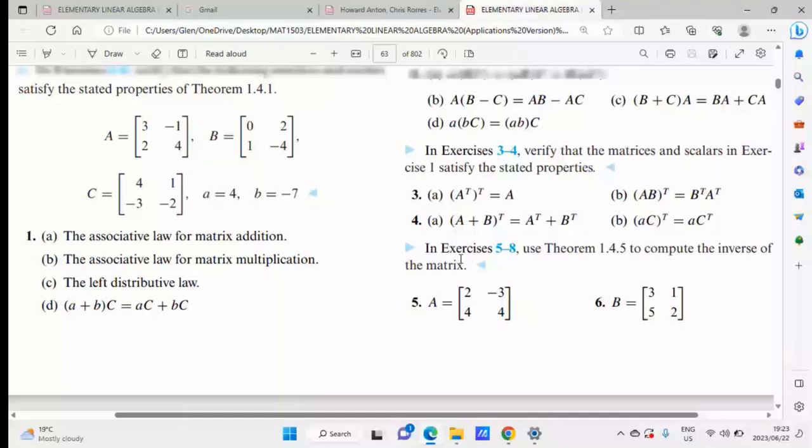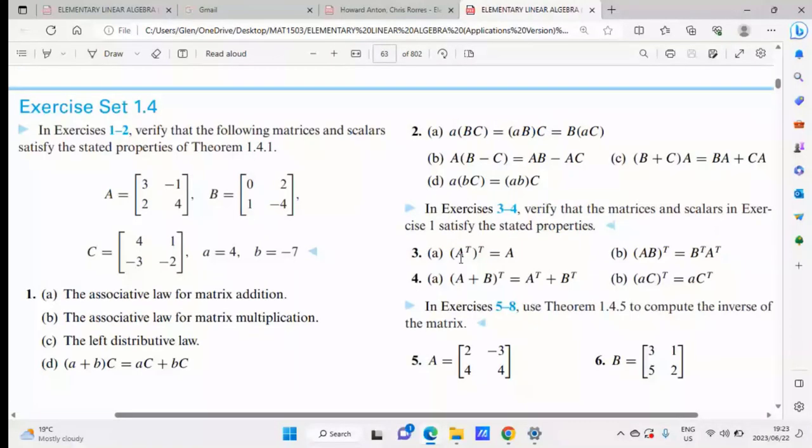So looking at the example, it's 2 times 3 times 4, and then equals 3 times 4 times 2. Is that what you're saying?